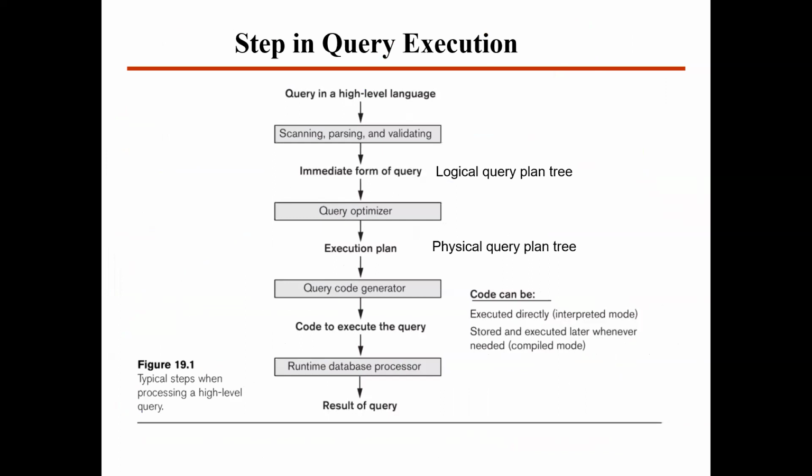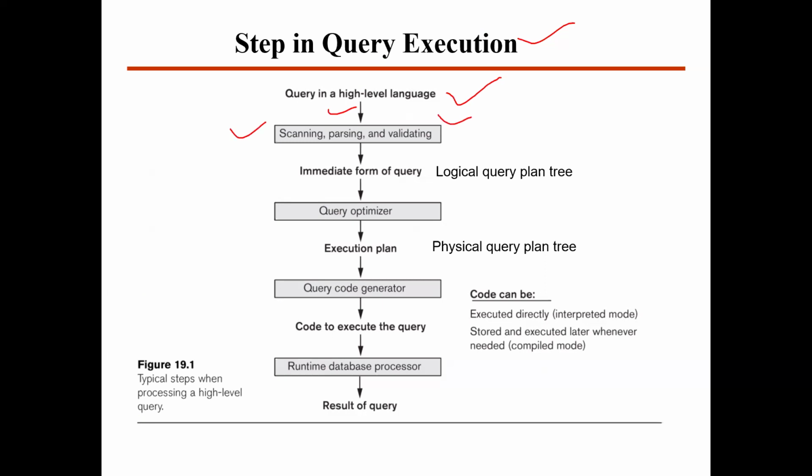Now, a quick recap of the query execution. We discussed the query execution in detail in query strategies for executing queries. Okay, steps in query execution. You give the high-level SQL query to the DBMS, okay? And then the DBMS performs the scanning, parsing, and validating that the query is written correctly.